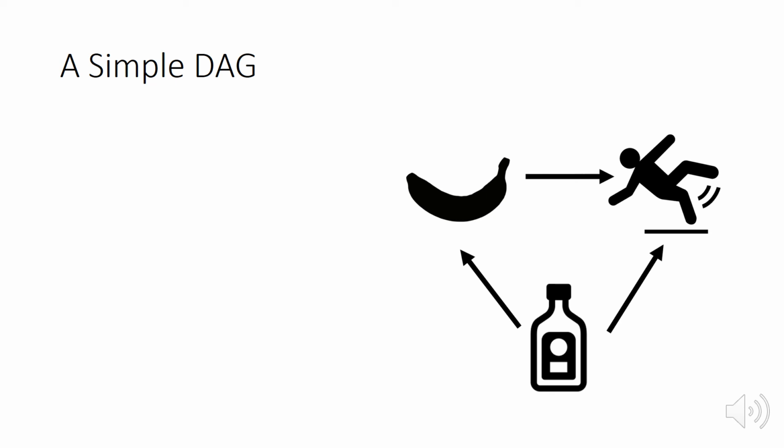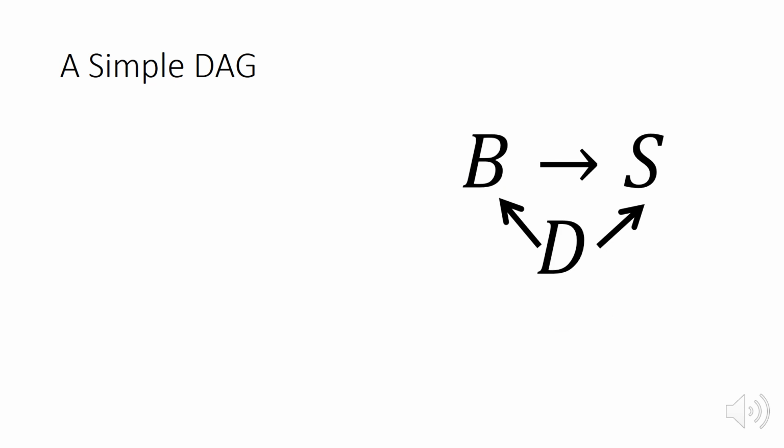Yeah, great job. So I said drinking, but taking our pictogram and turning it into a DAG, we've got banana peels cause slipping, but we have one other variable at play now. We've got drinking. And what drinking might cause you to do is, one, slip in and of itself, but two, hit more banana peels.